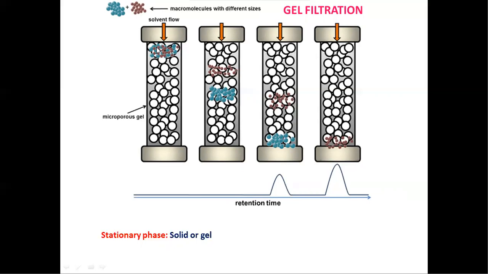The important thing is the small particles will be entrapped here. This is the principle: entrapment of small particles will occur due to the presence of pores on the surface of this gel.